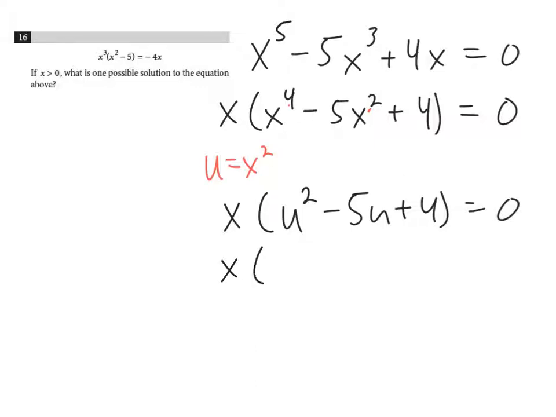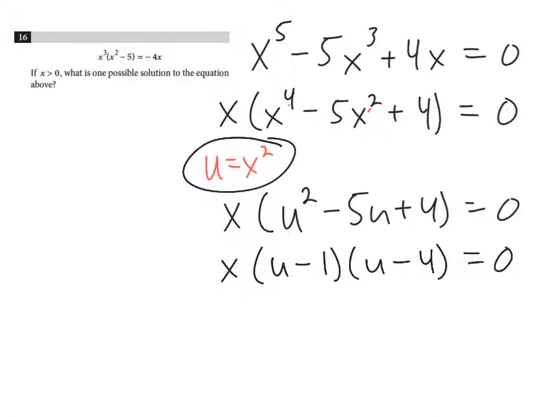Just factors. A is 1. I'm looking for two numbers that multiply to 4 and add to negative 5. Well, that's going to be (u minus 1)(u minus 4). I know that u is x squared, so I'm going to get (x squared minus 1)(x squared minus 4) equals 0.